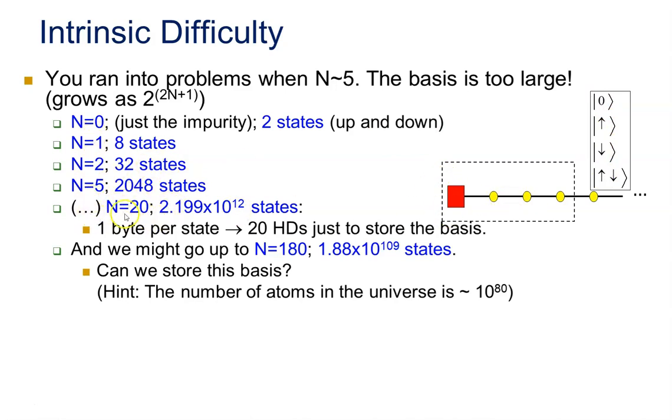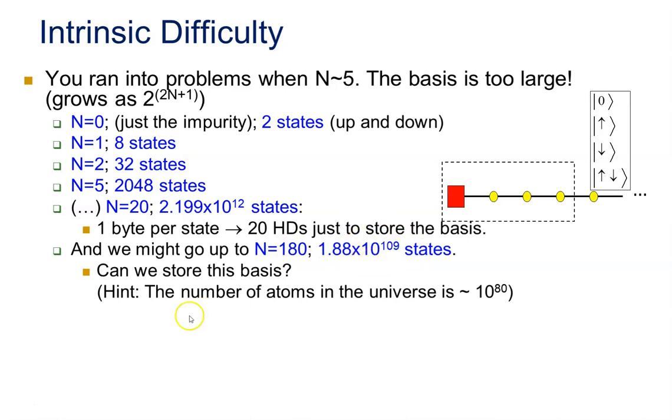And when you have n equals 20, you already have 10 to the 12 states. So if you have 1 byte per state, you might need a few hard drives just to store the basis. So this is impractical, right? And if you try to go to n equals 100, which is very typical in NRG calculations, this is over the number of atoms in the universe.